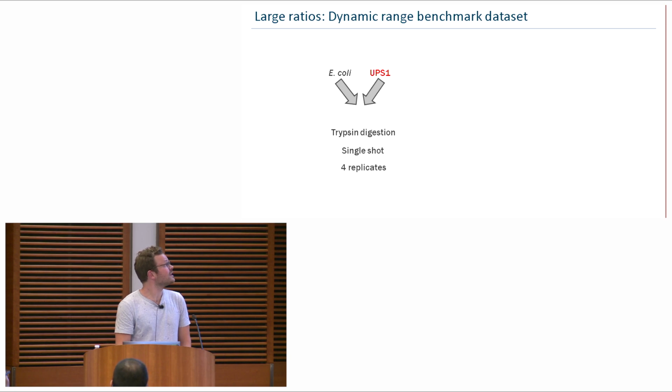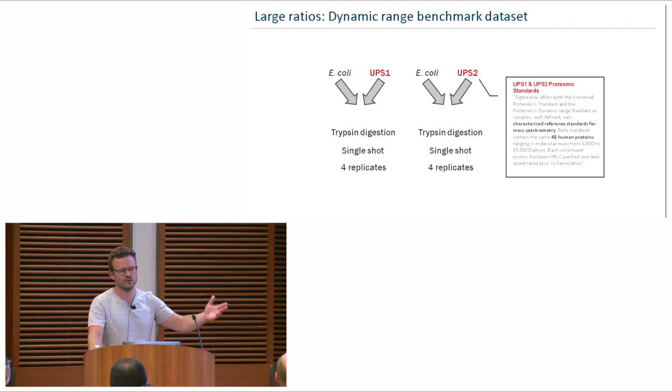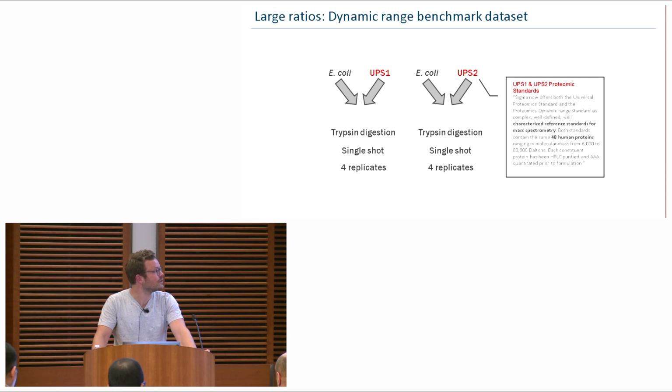The experiment in this case is E. coli with spiked-in UPS standard, like UPS 1 and UPS 2, which is a commercially available standard of human proteins, 48 proteins, and that's basically used to quality control the dynamic range.